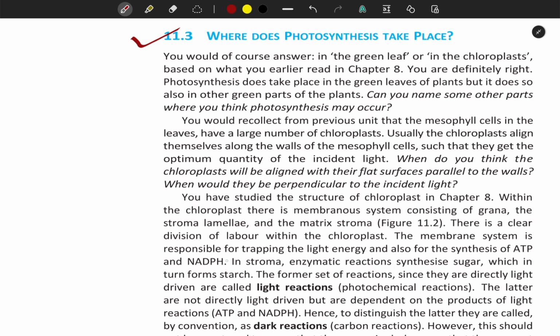There is a clear division of labor within the chloroplast. The membrane system is responsible for trapping the light energy and also for the synthesis of ATP and NADPH. In the stroma, the enzymatic reactions synthesize sugar, which in turn forms starch. The former set of reactions, since they are directly light driven, are called light reactions, or photochemical reactions.